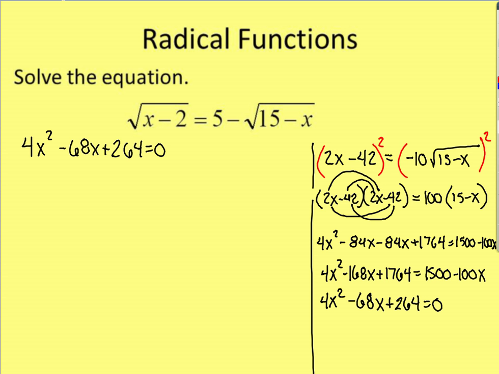So we're left with 4x squared minus 68x plus 264 is equal to 0. Again, we can divide everything by 4, so it makes it easier to factor first.